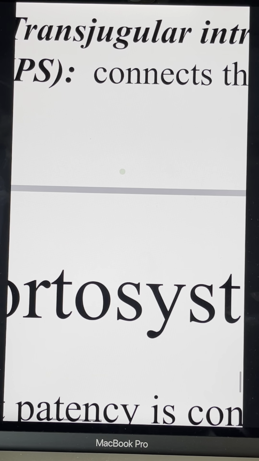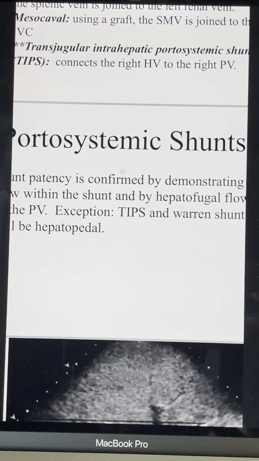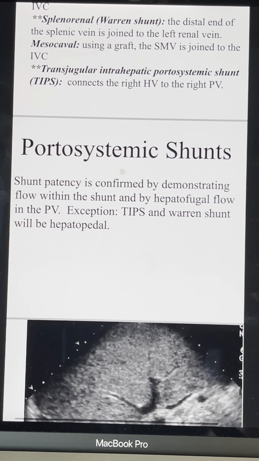And let me just read and see if I have to. Shunt patency is confirmed by demonstrating flow within the shunt and by hepatofugal flow in the portal vein. So when we talk about the shunt itself, TIPS and Warren shunt, inside the shunt, it is going to be hepatofugal.